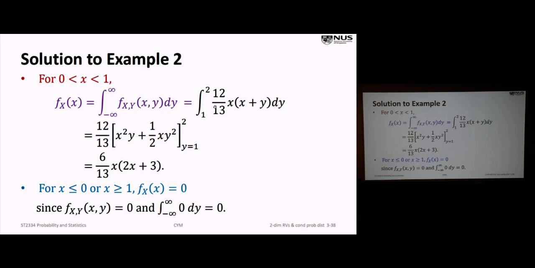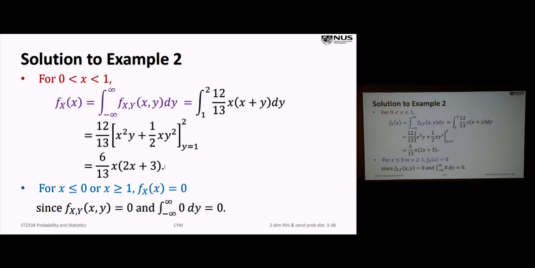First, 12 over 13 comes out. x squared integrated with respect to y is x squared times y. And x times y integrated with respect to y is x times y squared over 2. Then I evaluate between y is 1 and 2: I take the value at 2 and subtract the value at 1. If I do that, I get the function 6 over 13 x times 2x plus 3.